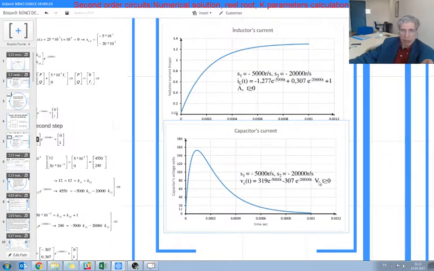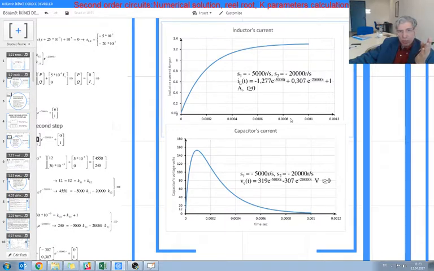We've already found that. If you examine this, since the characteristic roots are real numbers and negatives, these exponential functions are decreasing functions and disappear after a while. What is left is going to be this particular solution.